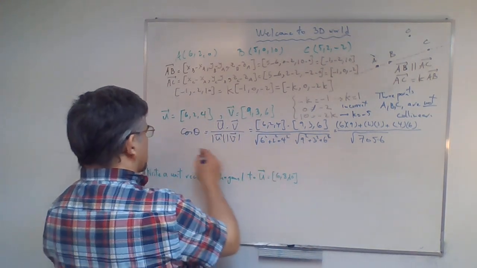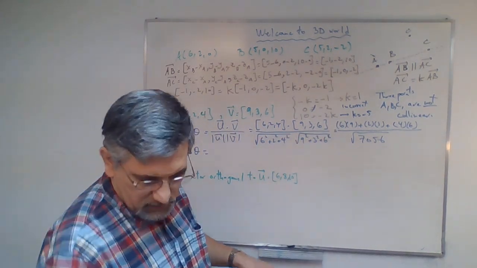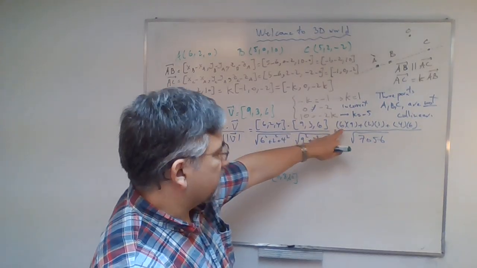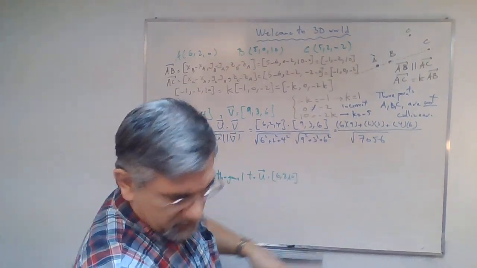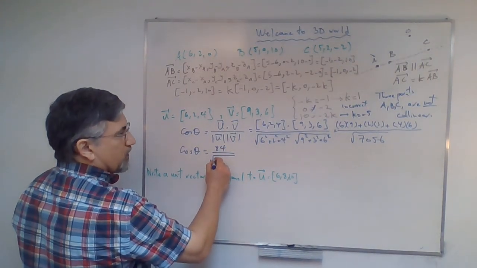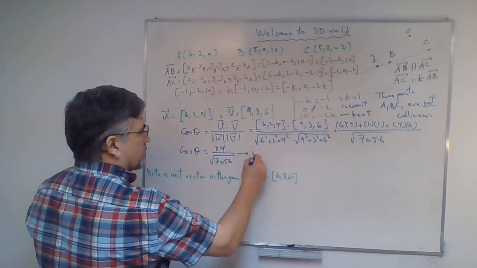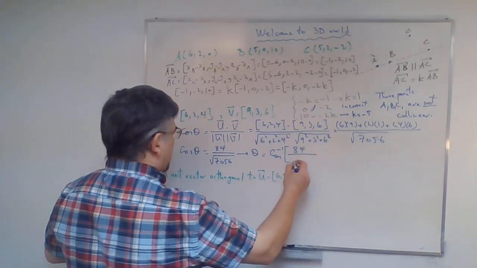Okay, so this means that cos of theta is the numerator. 6 times 9 is 54, 2 times 3 is 6, 4 times 6 is 24. Add them up, it's going to be 84. So theta would be inverse cosine of this fraction.